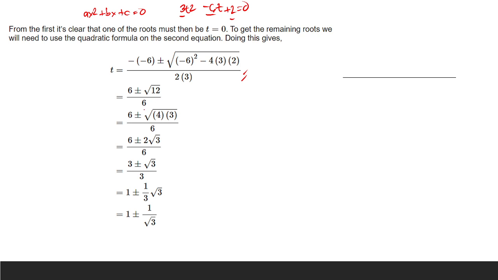Since sa 12, pwede natin itong i-factor out at magkaroon tayo ng perfect square dyan. We will have 6 plus minus square root of 4 times 3. Yung 4 is perfect square, so pwede natin siyang ilabas. We will arrive at 6 plus or minus 2 square root of 3 over 6. Now, pwede nating i-cancel yung 2. Divide the whole equation by 2, and we will arrive at 3 plus or minus square root of 3 over 3. So, actually, okay na to.